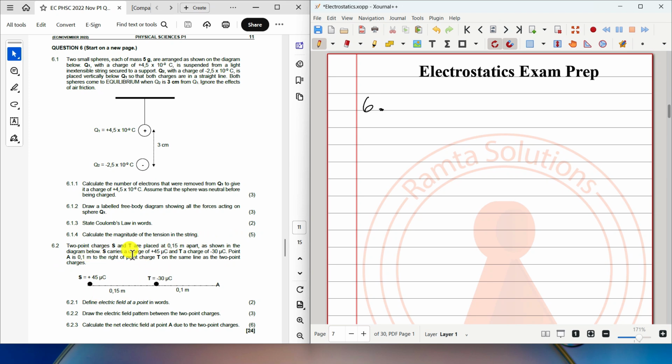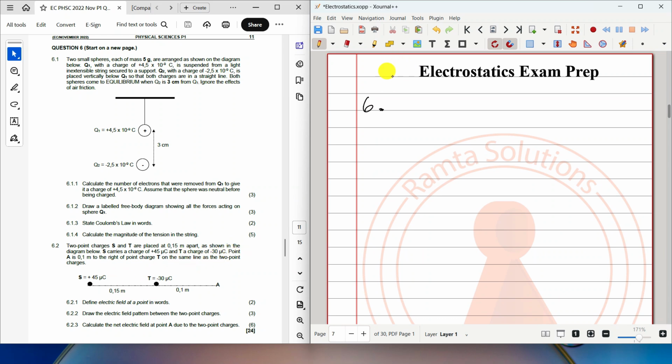Yes, I can see it. S carries a charge of positive 45 microcoulombs, and T a charge of negative 30 microcoulombs. Point A is 0.1 meters to the right of point charge T on the same line as the 2 point charges.